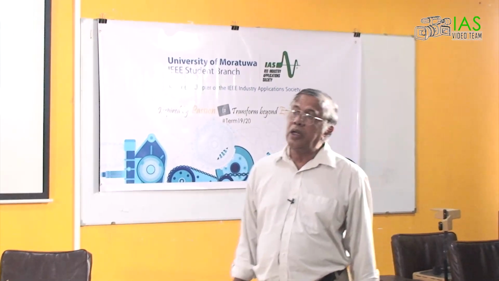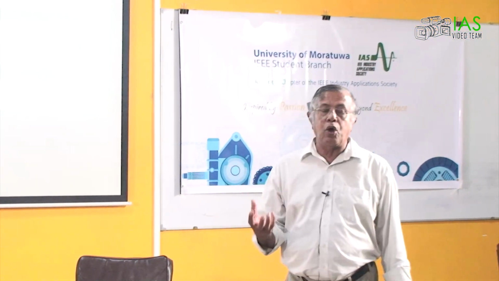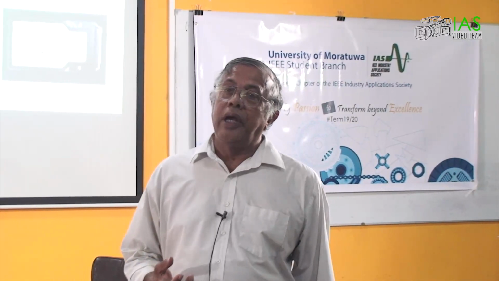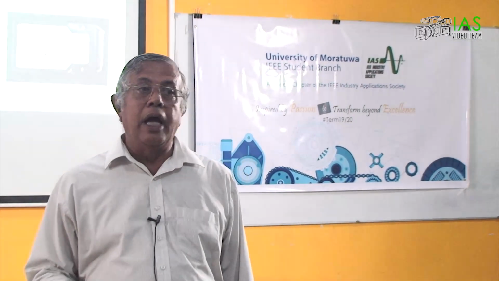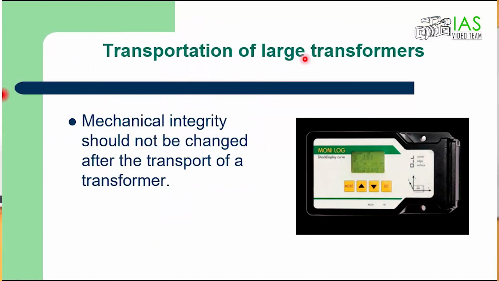Now, first of all, you fix a shock recorder on the transformer, and it's transported, and if the shock recorder shows bad shocks with its recording, right, then it should go on a test to ensure the mechanical integrity of the transformer is not affected.